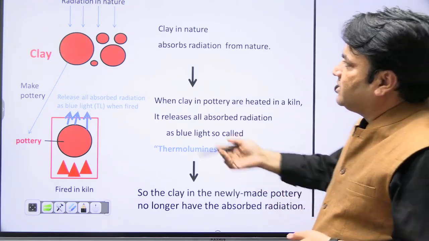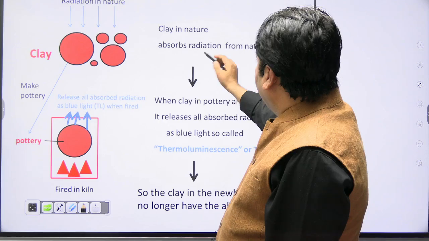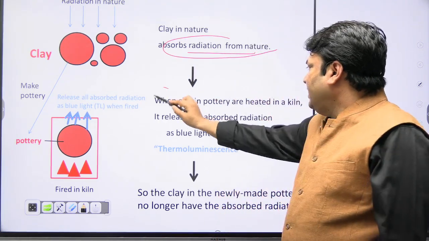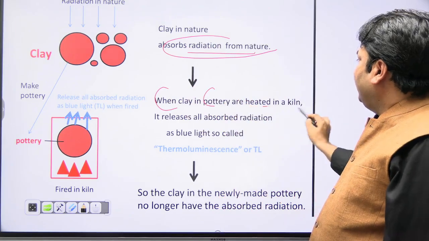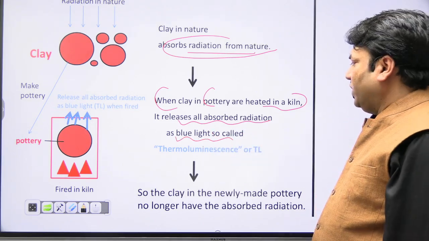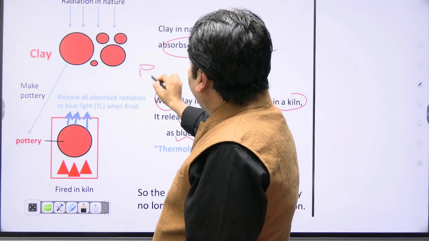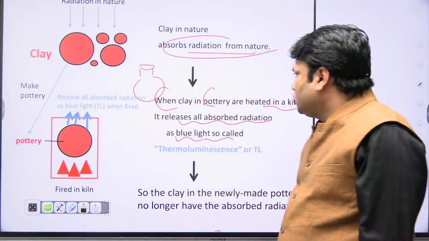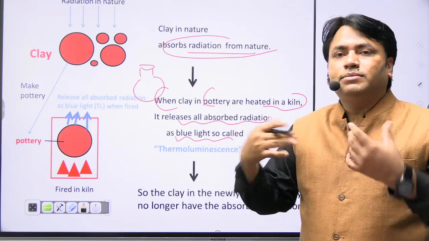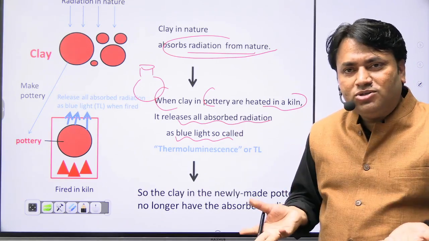How is it used? This is clay, got it? Clay absorbs radiation from nature. So when clay in pottery is heated in a kiln, it releases all the absorbed radiation as blue light. Got it? Suppose this is a pot and you want to determine its age. What will you do? It is heated in a kiln and it releases all the absorbed radiation. Like our human body also absorbs radiation, clay also absorbs radiation.